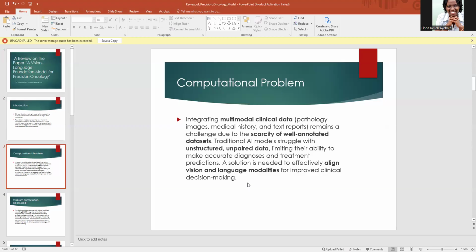For every prediction you have to make, you have to have only one kind of model. So there was need for a solution to effectively align vision and language modalities for improved clinical decision making.